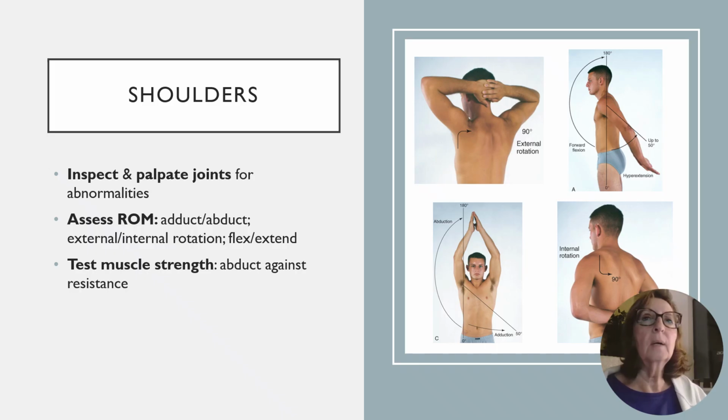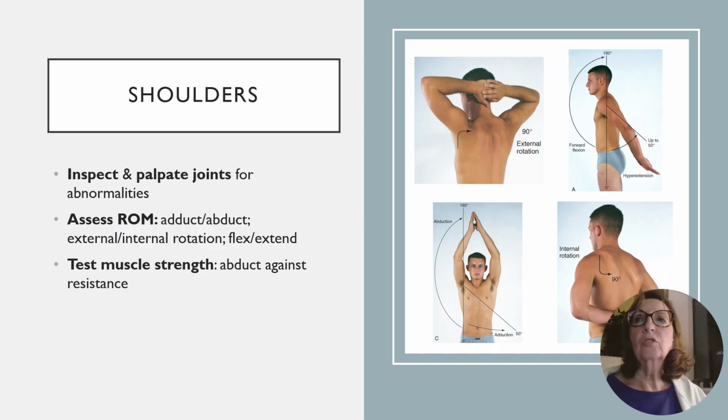You can see on the pictures here what they are. When we talk about forward flexion and hyperextension, look at how the arms are moving. On that picture with forward flexion, the arms are rotated straight up in front of the patient, whereas in hyperextension, they go towards the back.